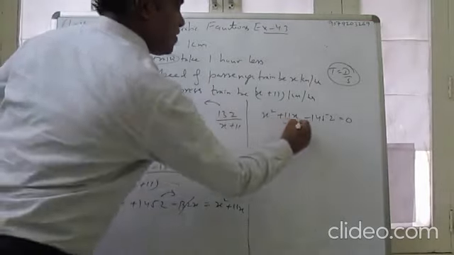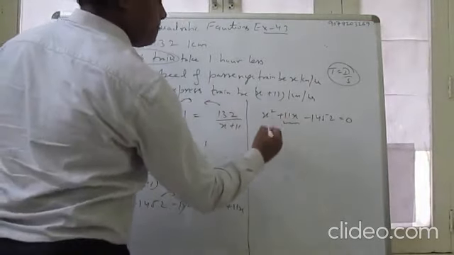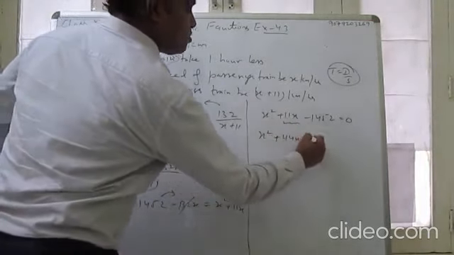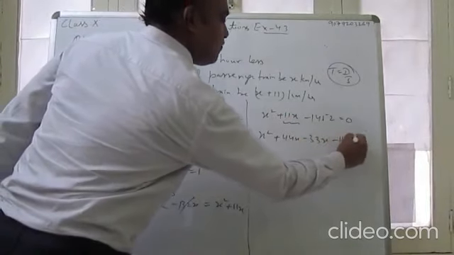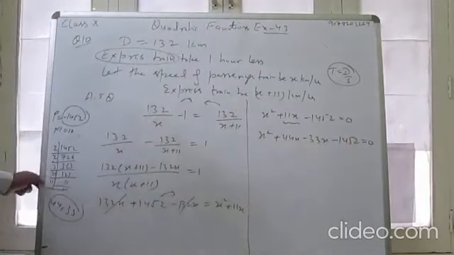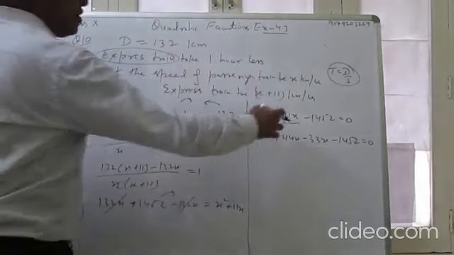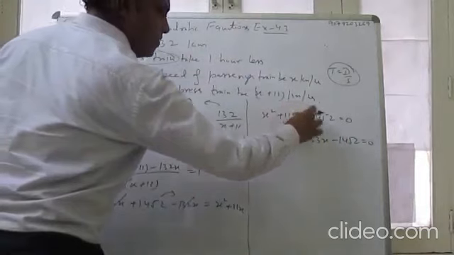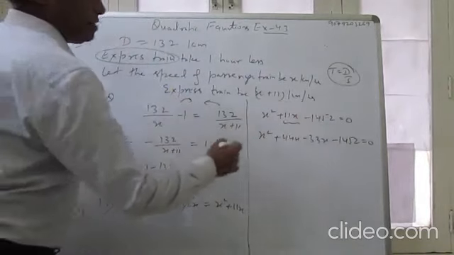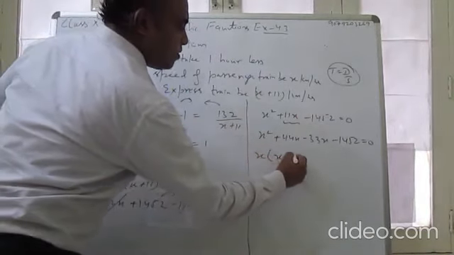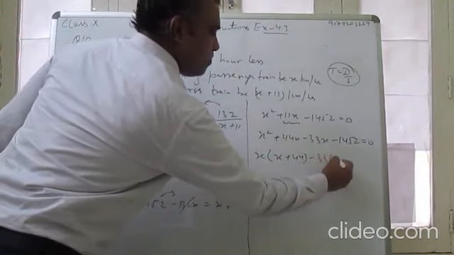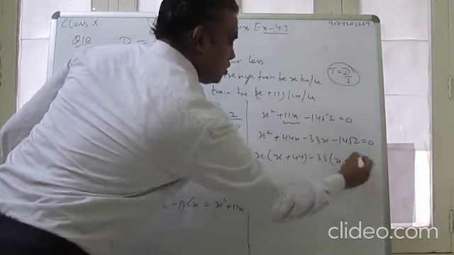Instead of this you can write x square plus 44x minus 33x minus 1452 is equal to 0. You can use the quadratic formula here also, but I use the factorization method. x is common, x plus 44 minus 33 is common, x plus 44 is equal to 0.